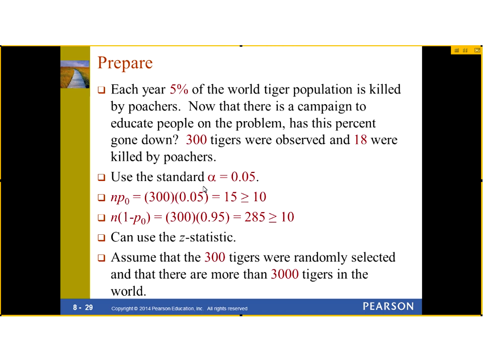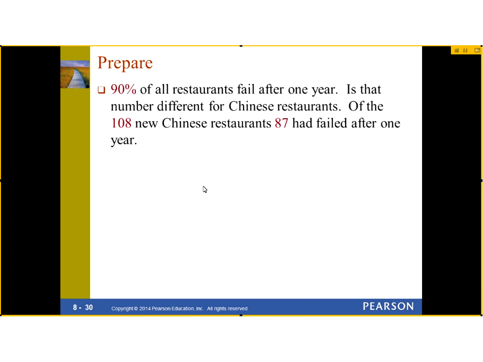All right, so I don't like how they jump around a little bit, but really in terms of our preparation, we are going to choose our level of significance. We're going to test to make sure that we can use this, and we're going to go through all the steps. So again here, 90% of all restaurants fail after 1 year. Is the number different for Chinese restaurants? Use the standard alpha equals 0.05.